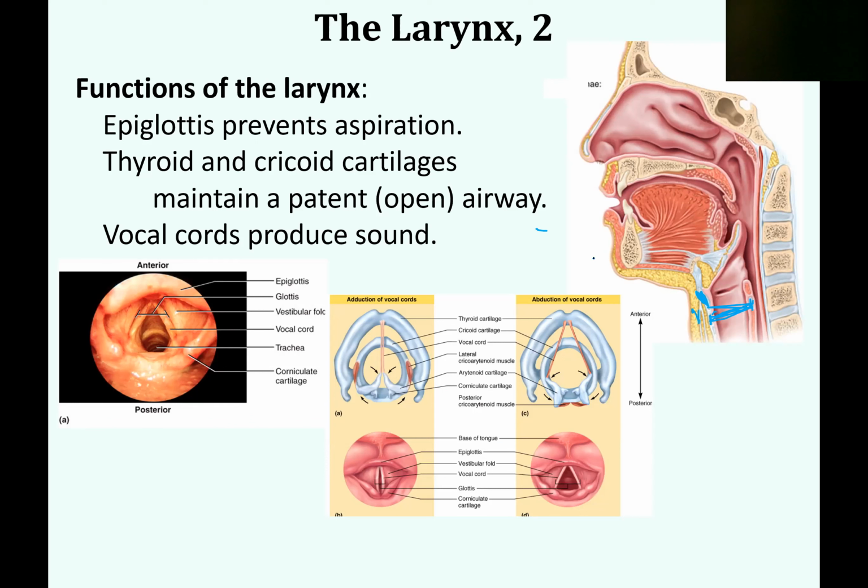Okay, they maintain a patent airway, so they keep the larynx from collapsing. Now, it doesn't mean that it isn't going to bend a little when deglutition occurs, moving a bolus from the mouth into the esophagus, which is down here. So they keep a patent airway.